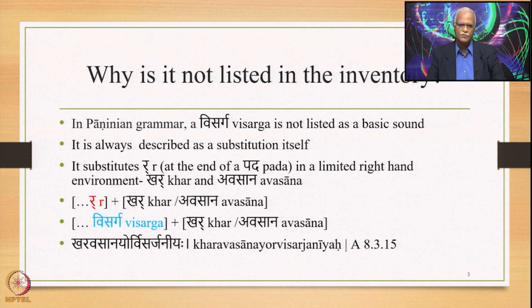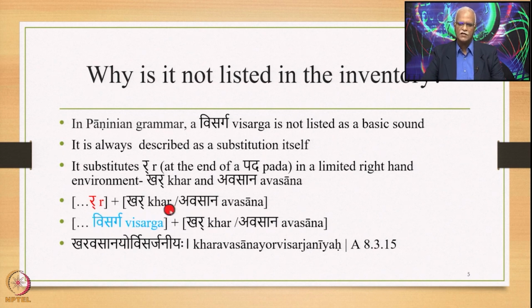So if we have this situation where ra comes at the end of this pada and is followed by either a khar or an avasana, either one of the consonants mentioned in this particular pratyahara or the absence of any sound, in such a case, this ra is substituted by visarga.